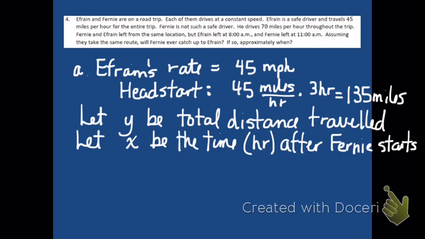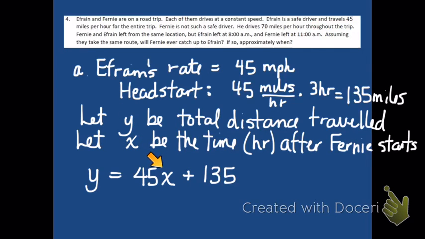So what that means is that when I go to write the equation for the distance that Efren travels, I'm going to have to take into account the fact that he goes 45 miles per hour times the number of hours. That's going to give me that distance. But he has a starting location. So I have to add 135 miles for him. So let's check this.